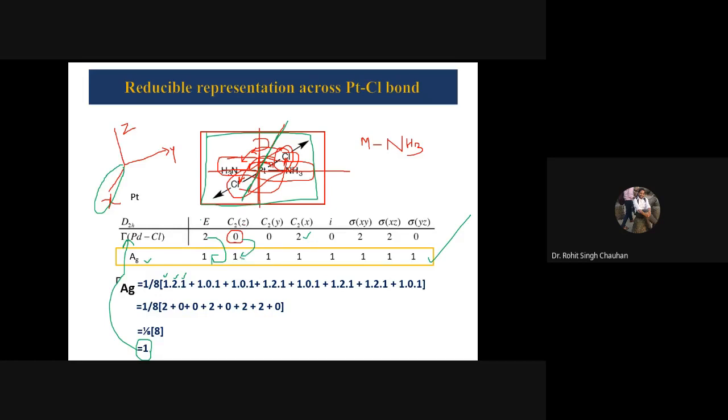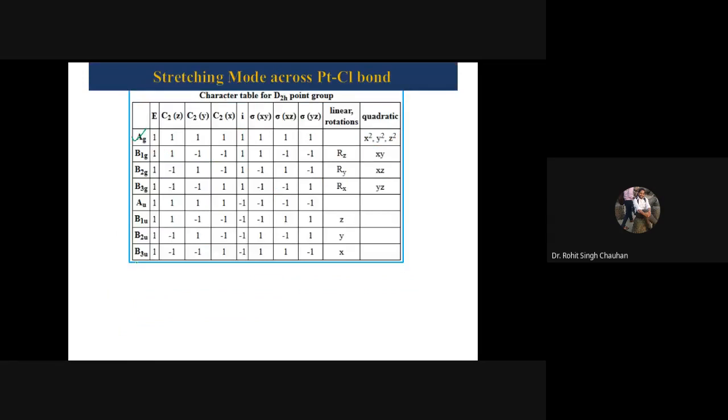0 minus 1 minus 1. 0 minus 1 minus 1. 2 minus 1, 1. 0 minus 1 minus 1, 1. Like this way you can subtract the Gamma PdCl minus Ag, and you will come across what irreducible representation is present in our character table, and you will be able to know that that particular irreducible representation, the Mulliken symbol, is also there in your PdCl bond.